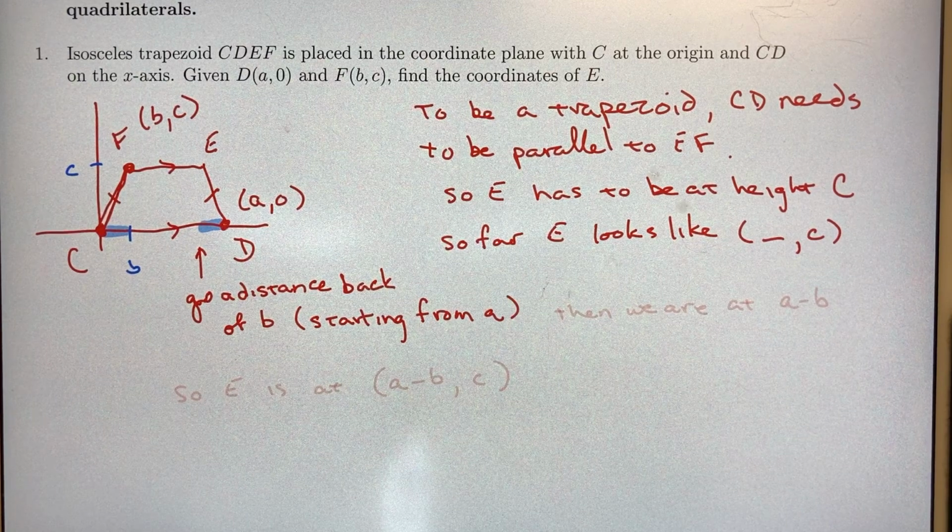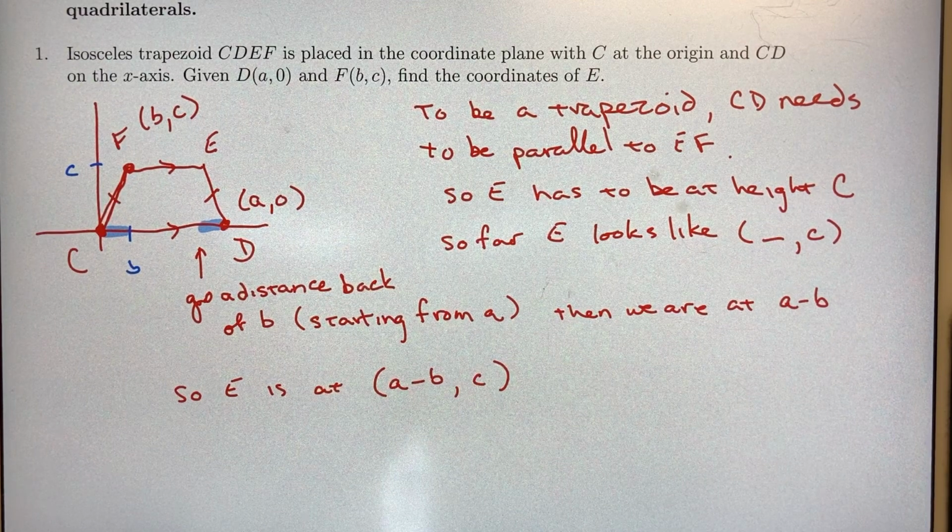If you are at 10 and you go back 2, you're at 8. Oh, well, that's just subtraction. Okay, well, that means the coordinates of E are A minus B, and height C.